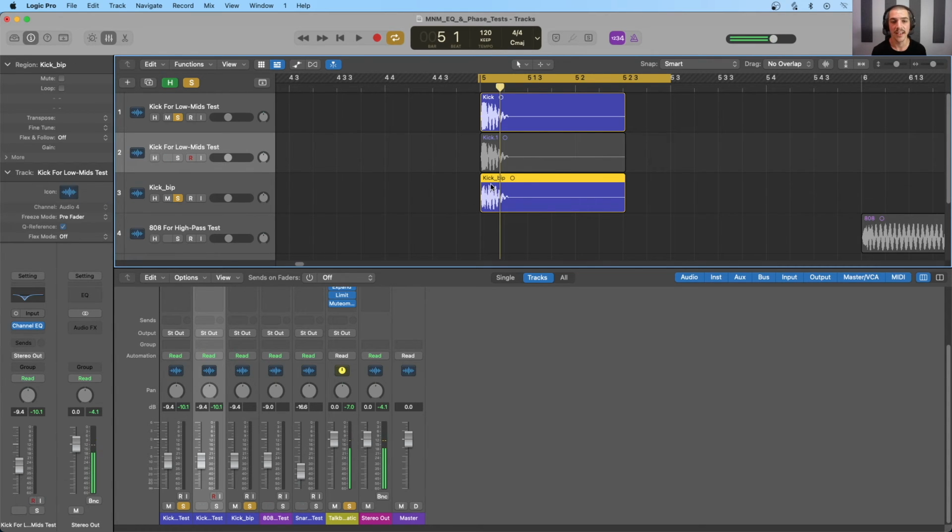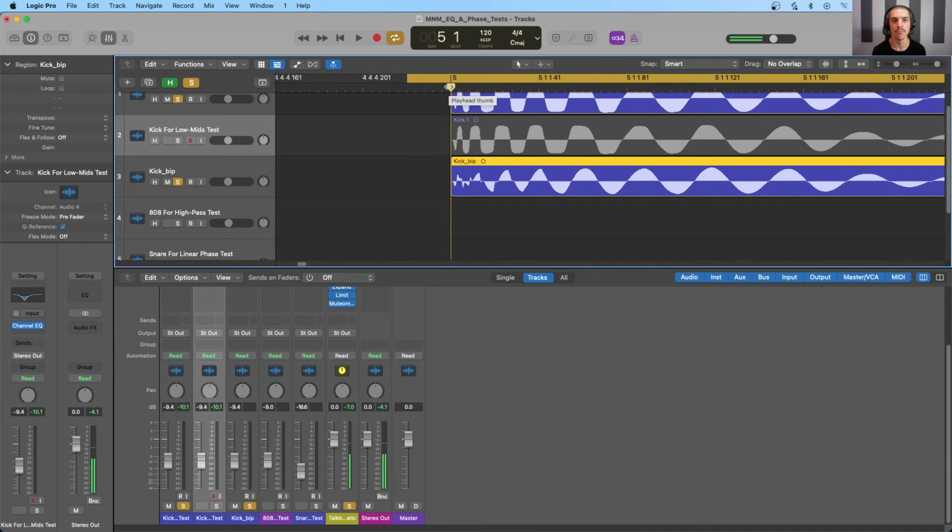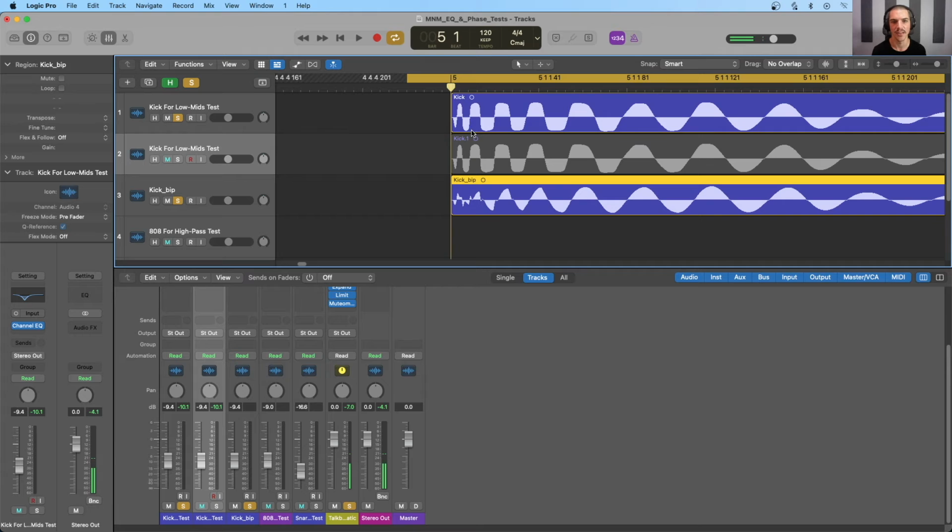Nudging the affected kick back so that the transients aligned nicely made it so that the kick sounded much better when it was stacked together like this. So even small phase shifts can make big differences when it comes to instruments interacting with one another, which is why, again, it's important to know how EQ affects the phase of any given track.